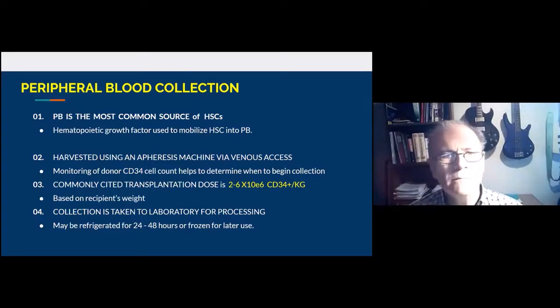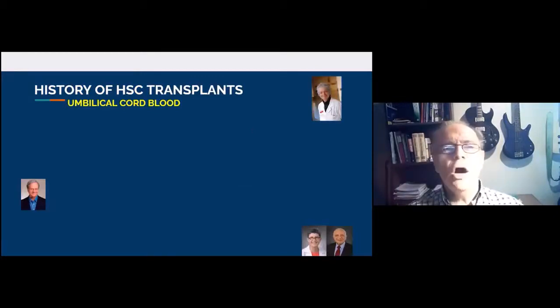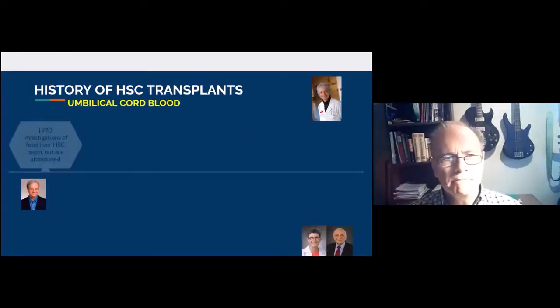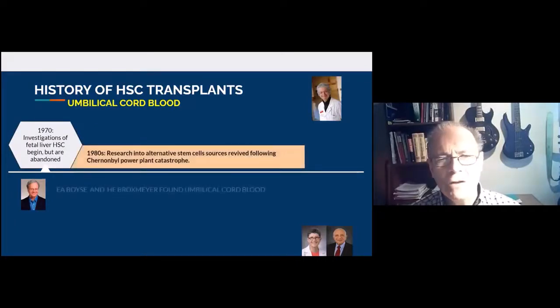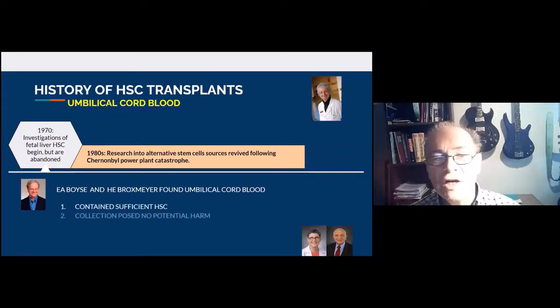How about the history of umbilical cord blood? In the 70s, investigation of fetal liver hematopoietic stem cells began, but was abandoned. In the 80s, research into alternative stem cell sources revived following the Chernobyl power plant catastrophe.